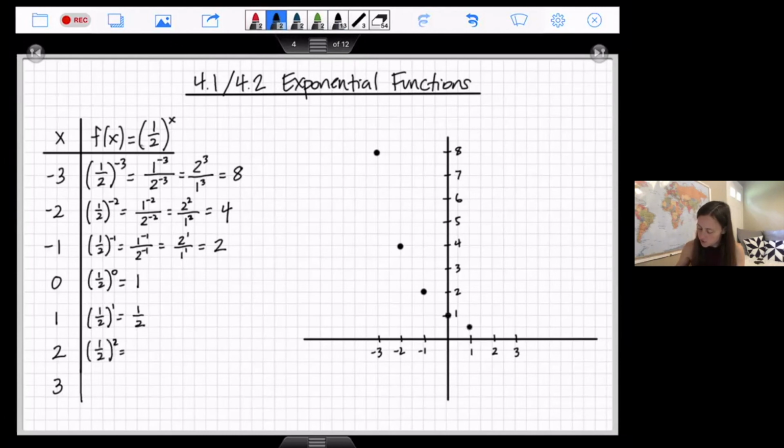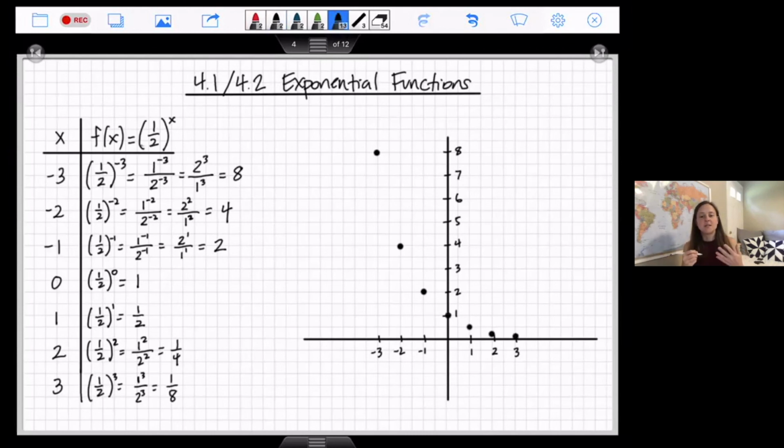Again, we're going to distribute exponents. So I've got 1 squared over 2 squared, so that's 1 over 4. These numbers are looking really familiar. And then I've got 1/2 cubed, which is 1 cubed over 2 cubed, or 1 over 8. So 3, comma even smaller, really close to the x-axis.